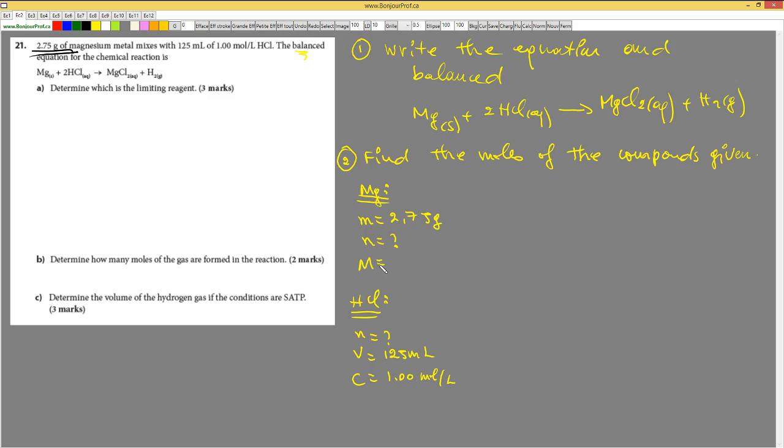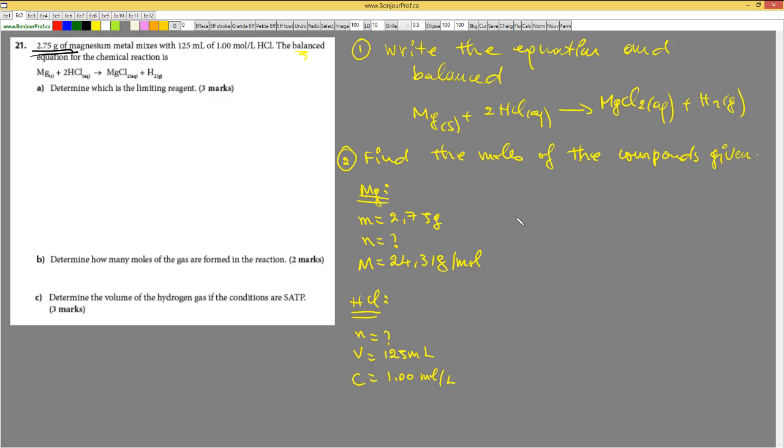Look at your periodic table. Yeah, 24.31 grams per mole. So now, can I find the number of moles or not? Find me the number of moles.